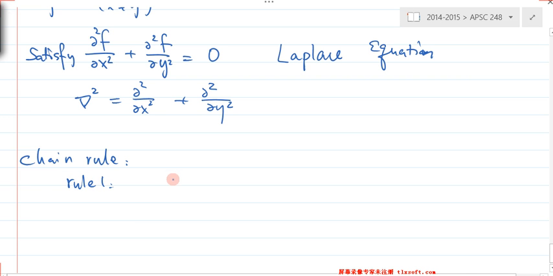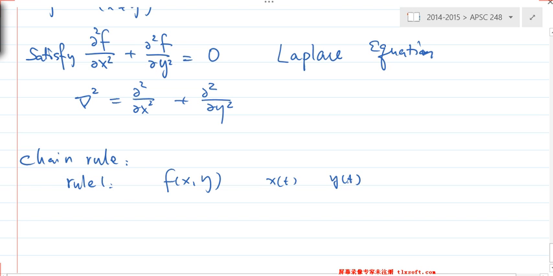If we have a function of two variables as an example, then x is a function of t, and y is a function of t. If you substitute x of t and y of t into the function, the multivariable function ultimately turns into a function of a single variable in terms of t.